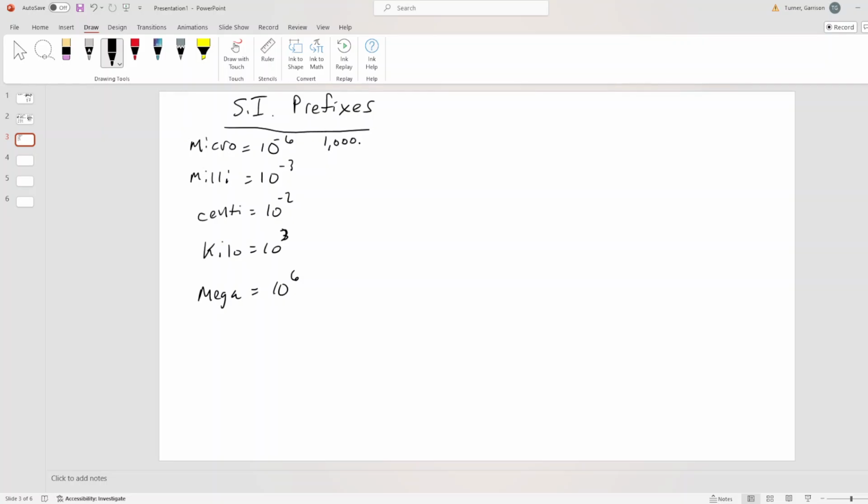There are 1 million micrometers in 1 meter. There's 1,000 millimeters in 1 meter. There's 100 centimeters in 1 meter. There's 1,000 meters in 1 kilometer. And there are 1 million meters in 1 megameter. Okay?